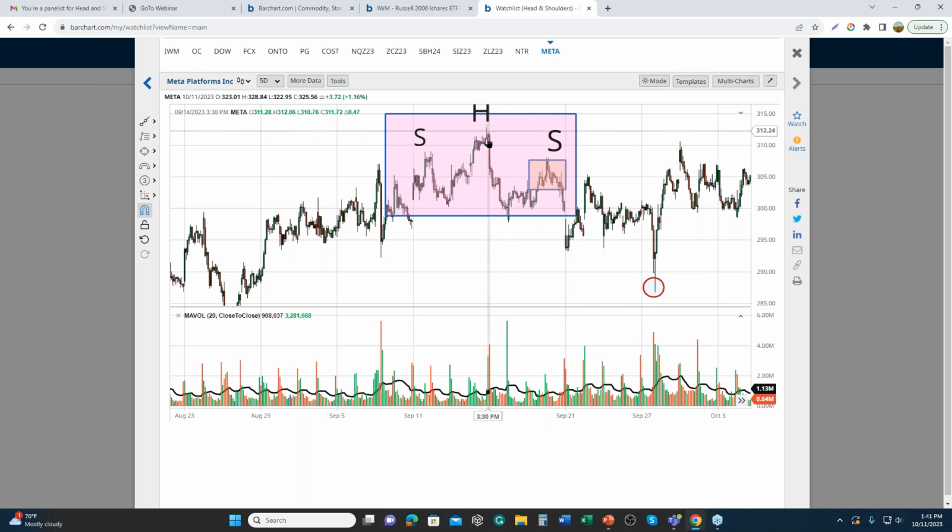Again, that would have been either the distance of our neckline to our head, or price returning to the origin of the last impulse. Again, another thing we talked about was a head and shoulders pattern needs to reverse from some type of price action.